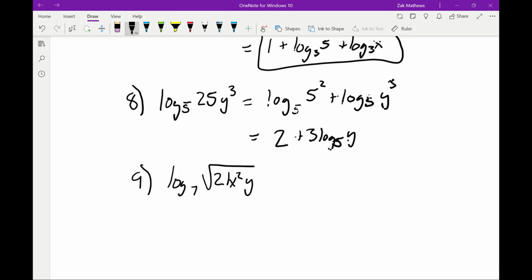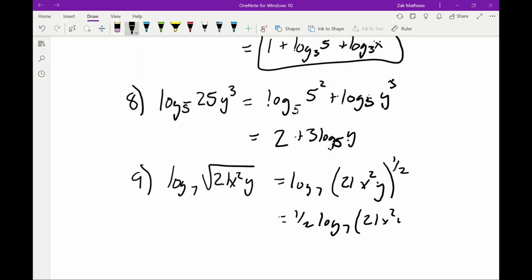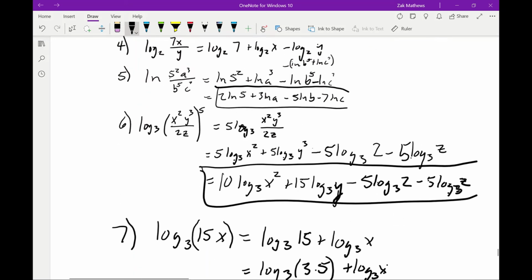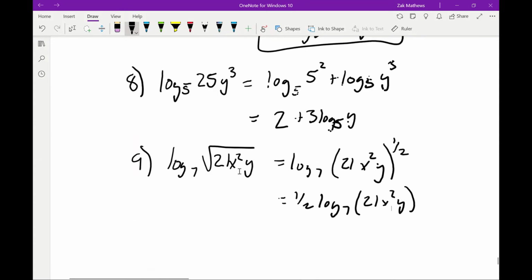We could write this just as easily as log base 7 of 21x squared y to the 1/2 power. Anytime you see a radical, that is just a fractional exponent, which means that you can bring it to the front. 1/2 log base 7 of 21x squared y. Same way we brought that 5 to the front in this previous example right here. That radical is just an exponent we can bring to the front.